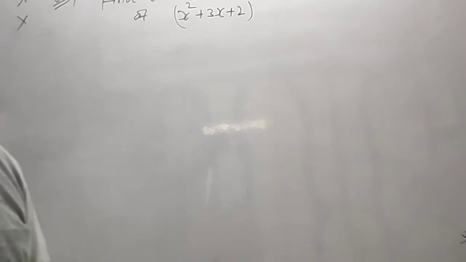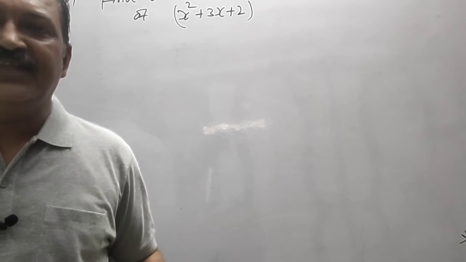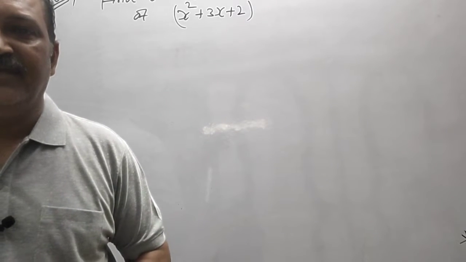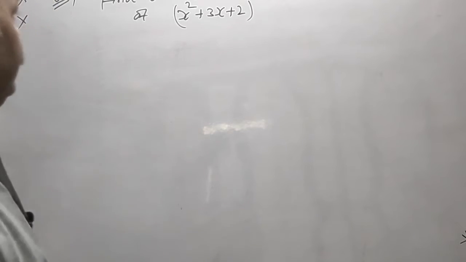This is the given function, x square plus 3x plus 2. We have to find its second order derivative. So let it be equal to f(x) or y.